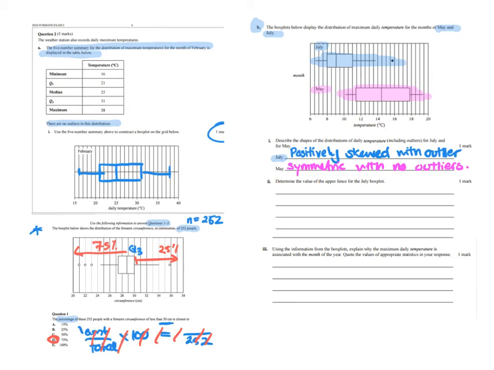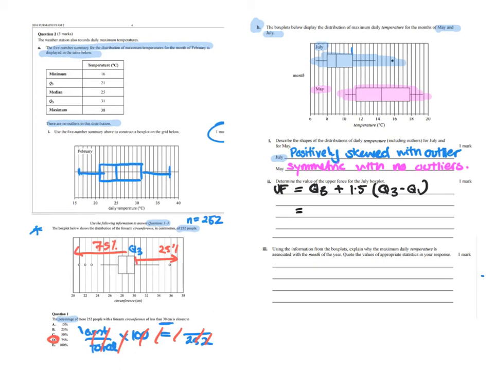Okay, determine the value of the upper fence for July. So they want the upper fence. Upper fence equals Q3 plus 1.5 times the interquartile range, which is Q3 minus Q1. So let's do that for July. We're going to look up at the Q3. What is Q3? 11.